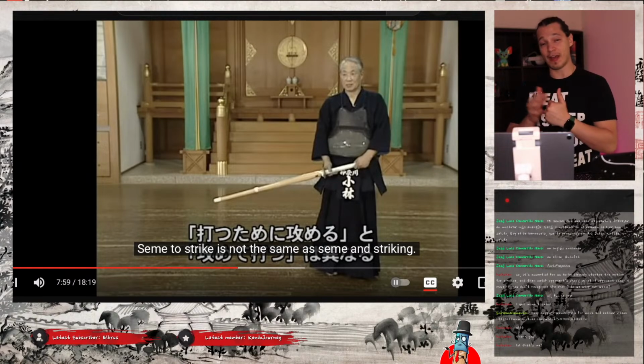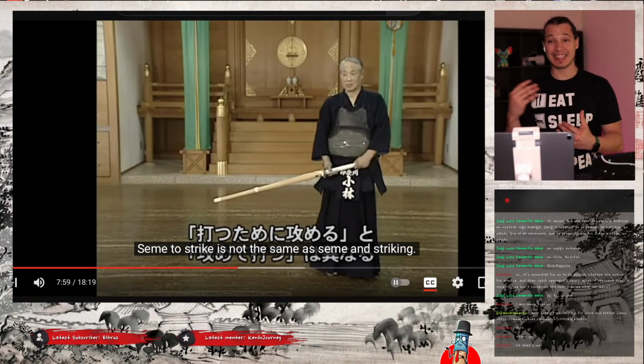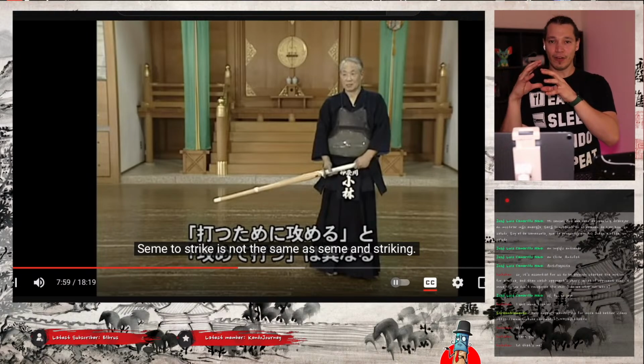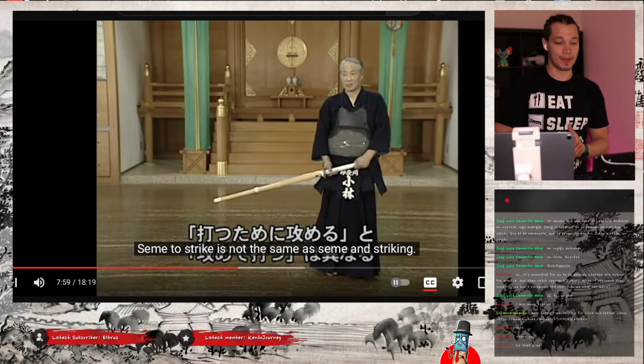But on the flip side, you're not doing the seme to just get a reaction and attack. The end of seme is when seme was actually effective, when you actually got a reaction from your opponent. So keep that in mind.